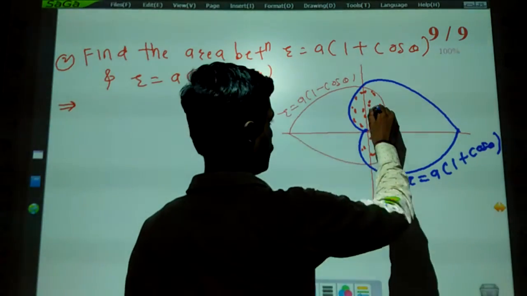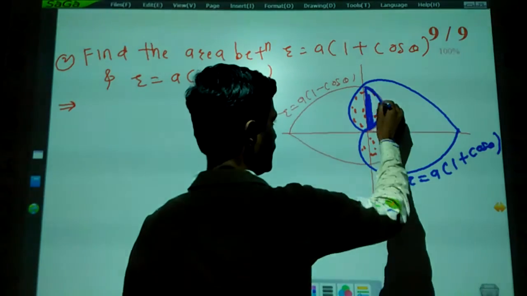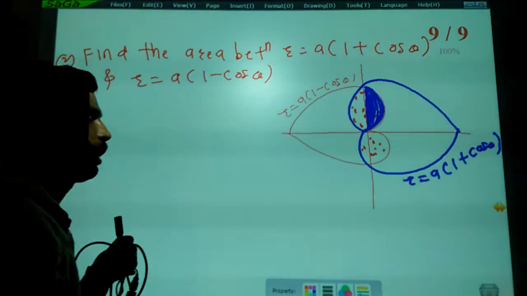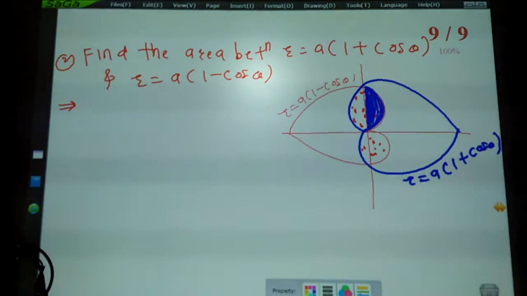For calculating this, we will find the area of this first quadrant. After finding the area of the first quadrant, we will multiply the answer by 4. Then we will get the whole area in between the two curves.